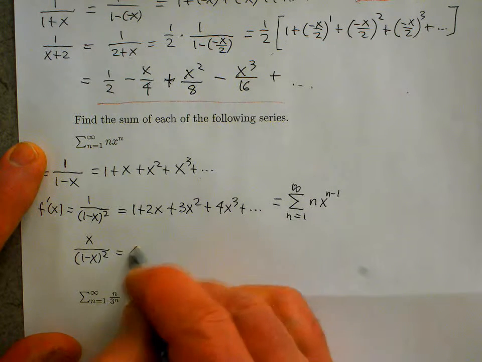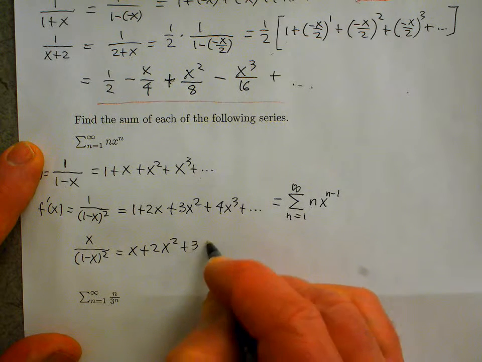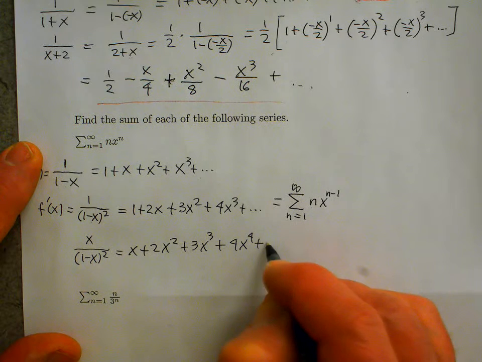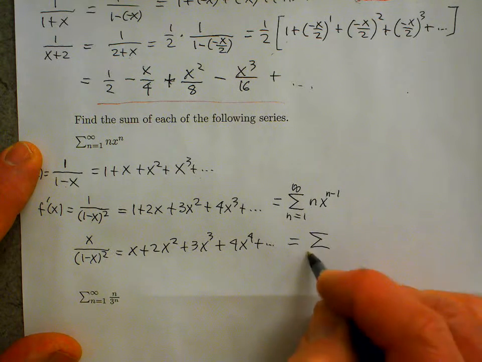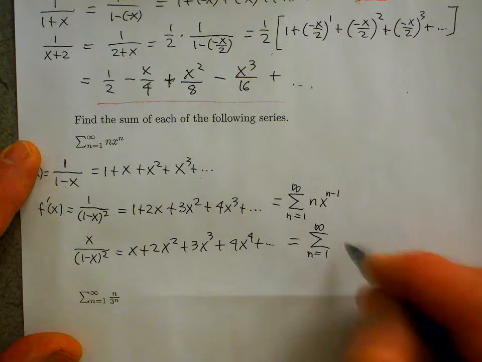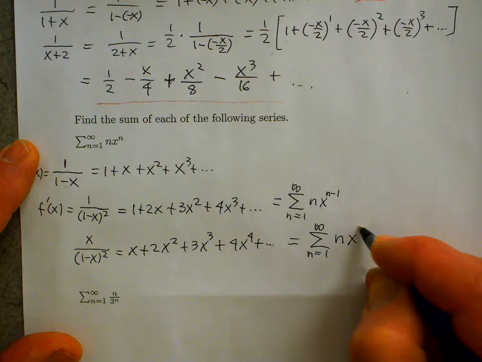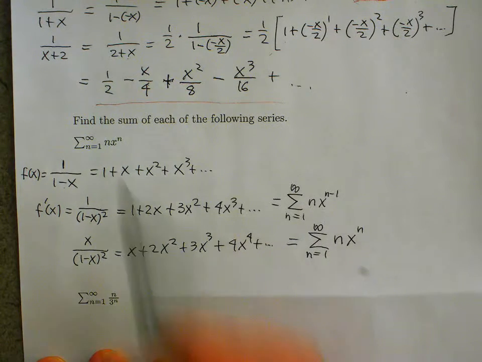So we get x plus 2x squared plus 3x to the third plus 4x to the fourth, and so on. So the terms are, from n equals 1 to infinity, n times x to the n. Okay, that's the one that we were looking for.